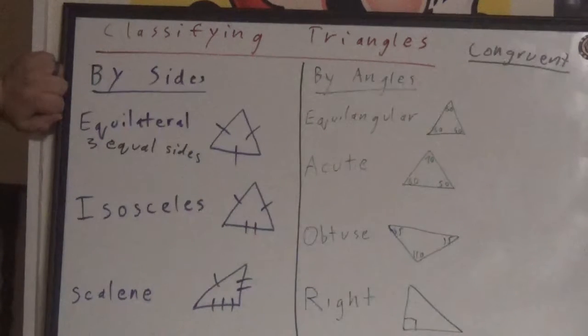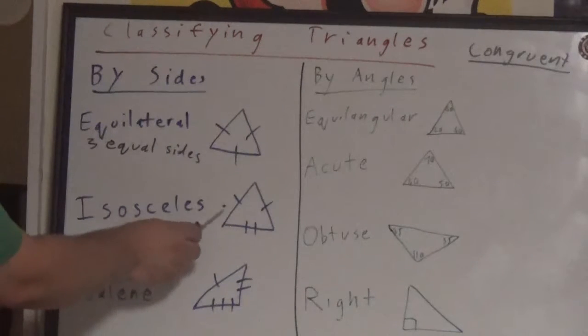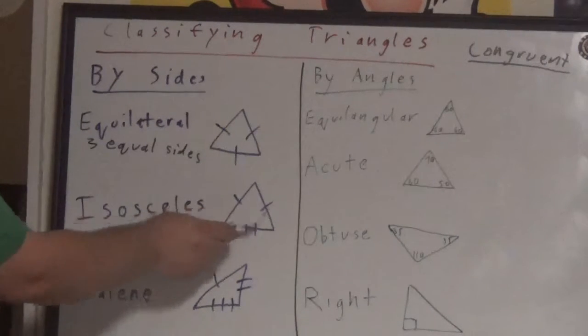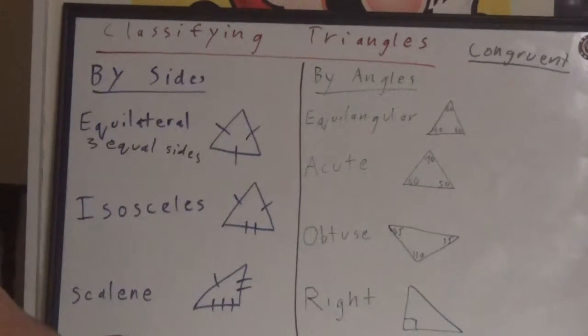Next is an isosceles triangle. One that I definitely had to look up how to spell. So, if you look at the isosceles triangle and you look at our figure, we have 2 of our sides marked with a 1 to show that they're congruent, but the third side is marked to show it is not congruent.